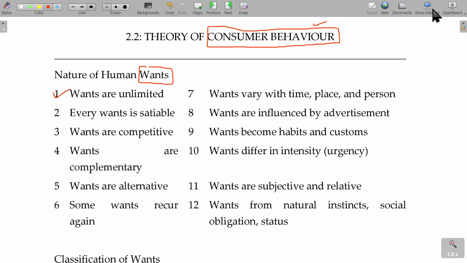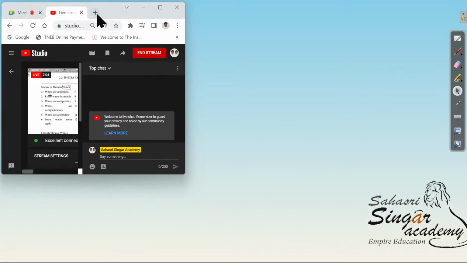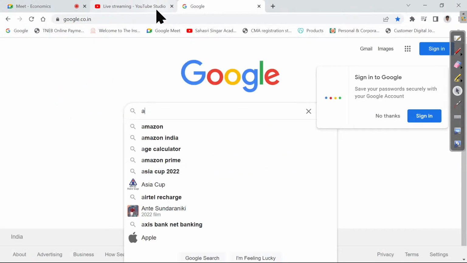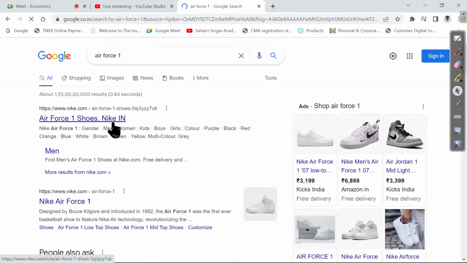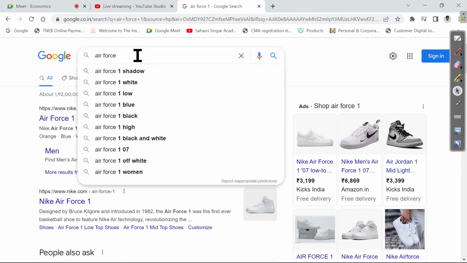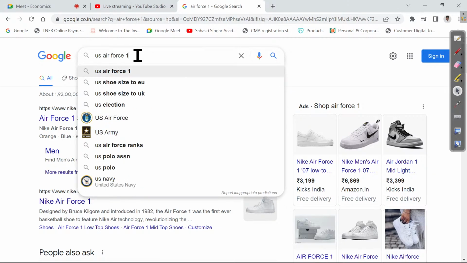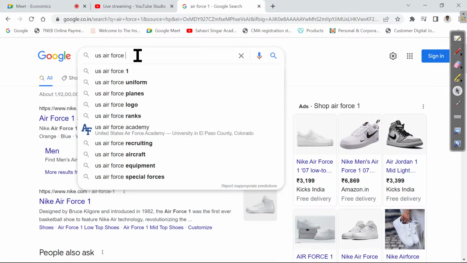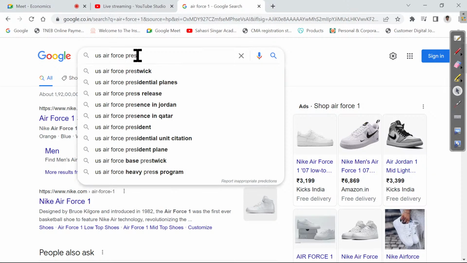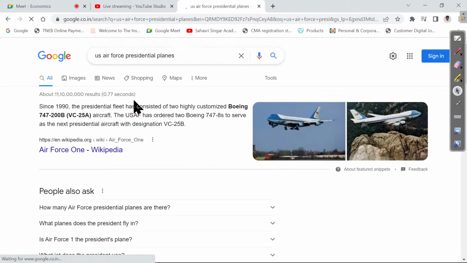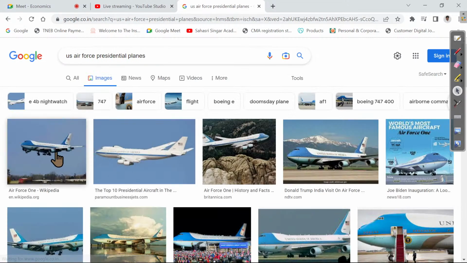Wants are unlimited. Let's see. This is Air Force One.